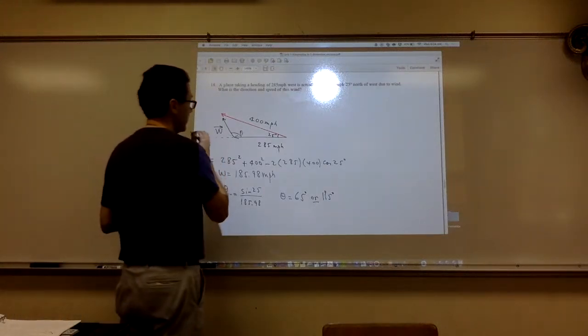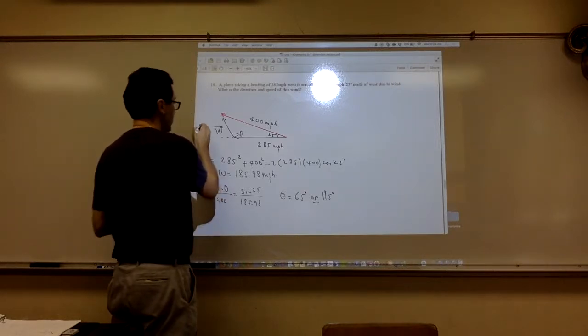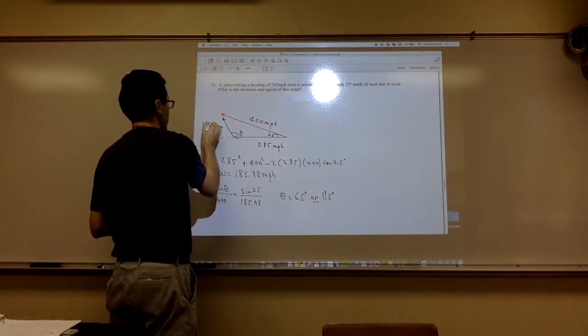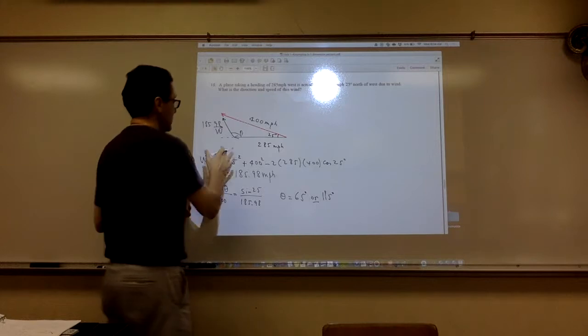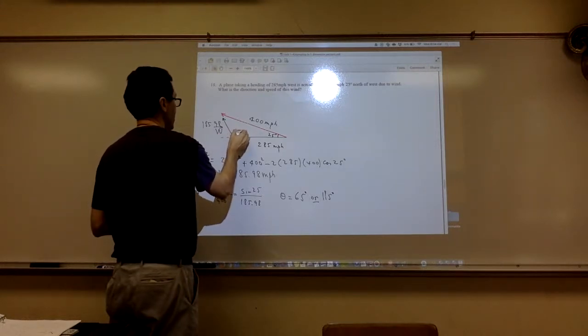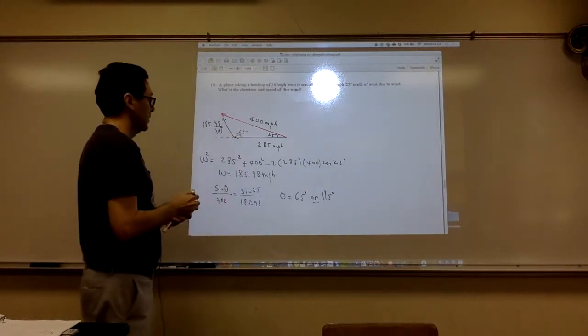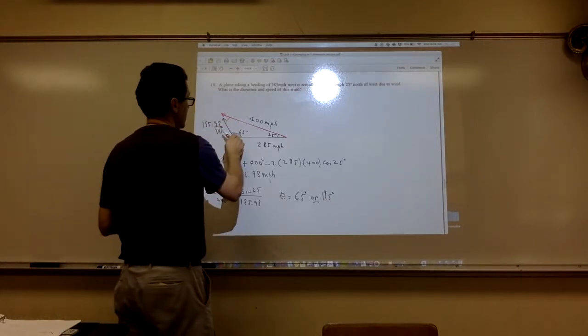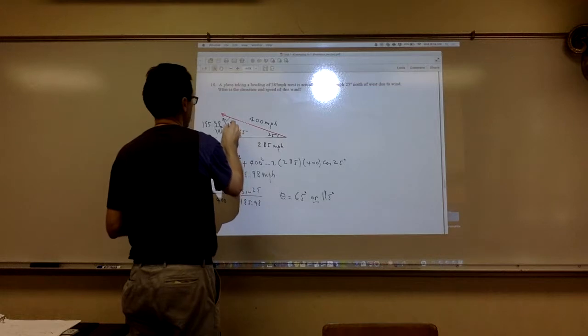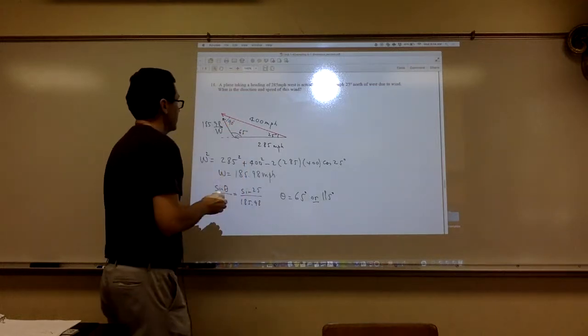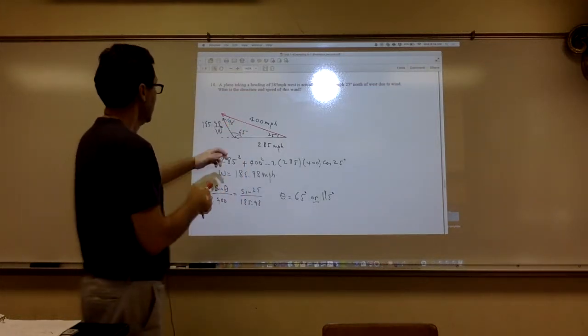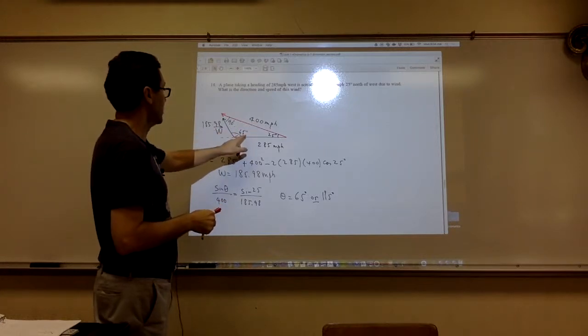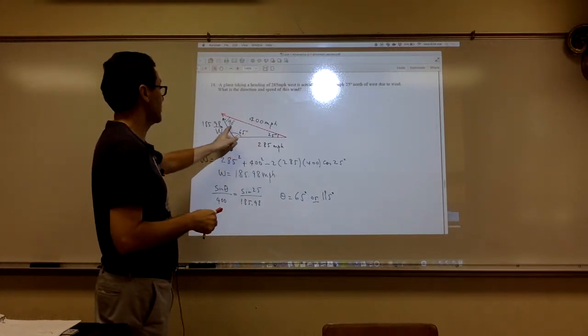I don't think the 65 makes sense because, let me just record this, this is 185.98. So if I put a 65 here, and this angle here would be 90, now it looks like I have 400 across from 65 and 285 across from 90.